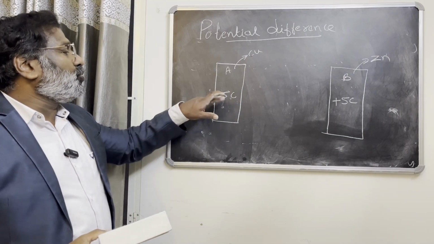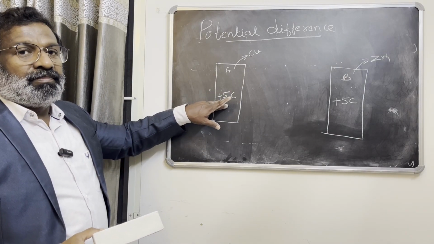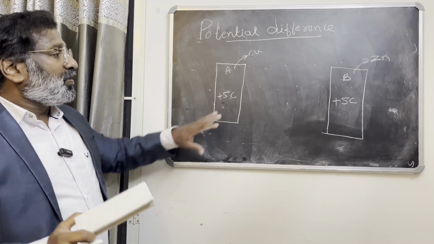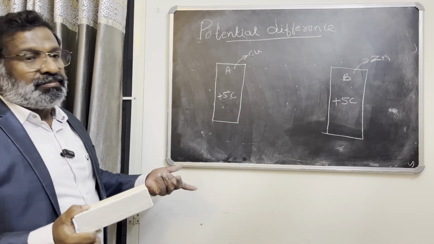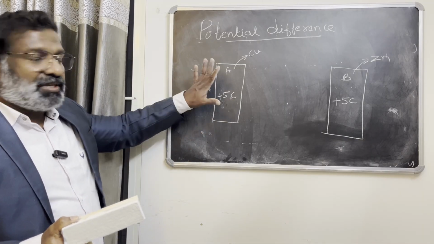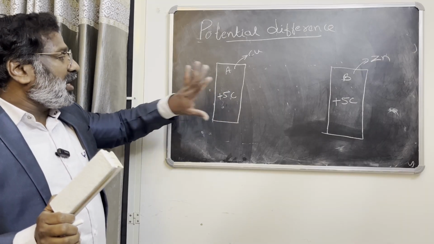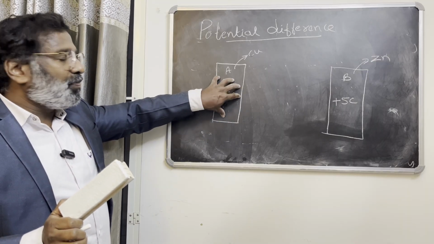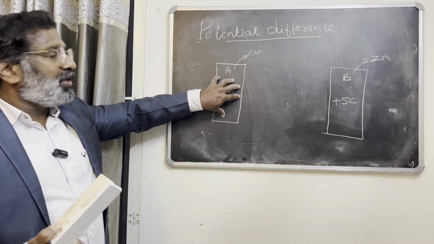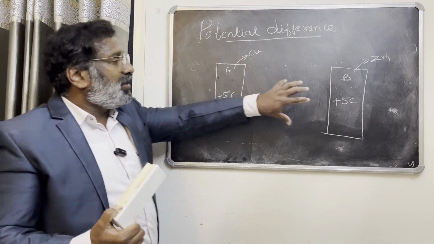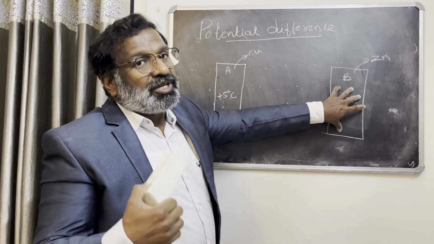Both plates I have to charge to 5 Coulomb. Just an example, not the actual case. Say for example, in case of copper, the binding force is less. Here, the binding force is more.